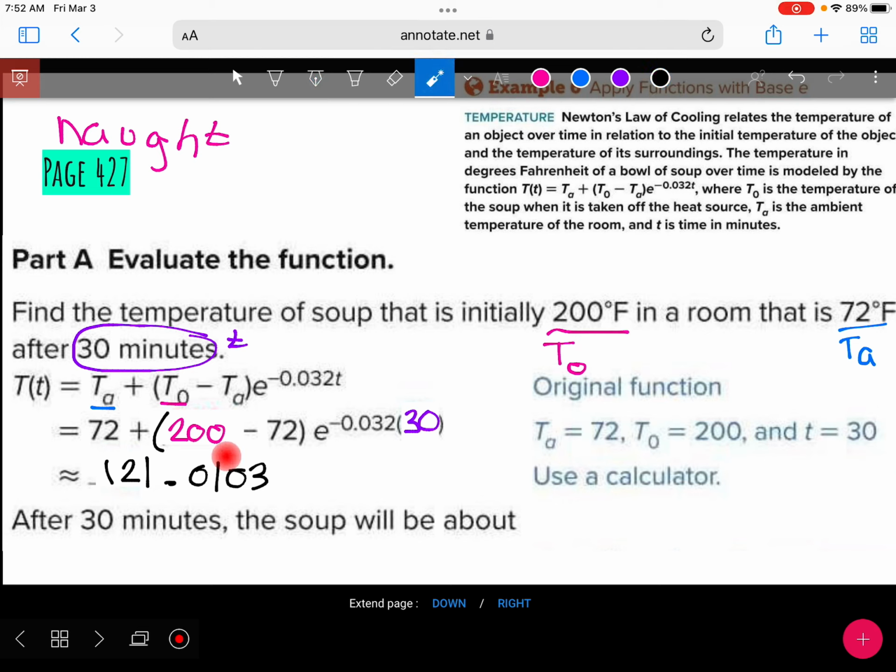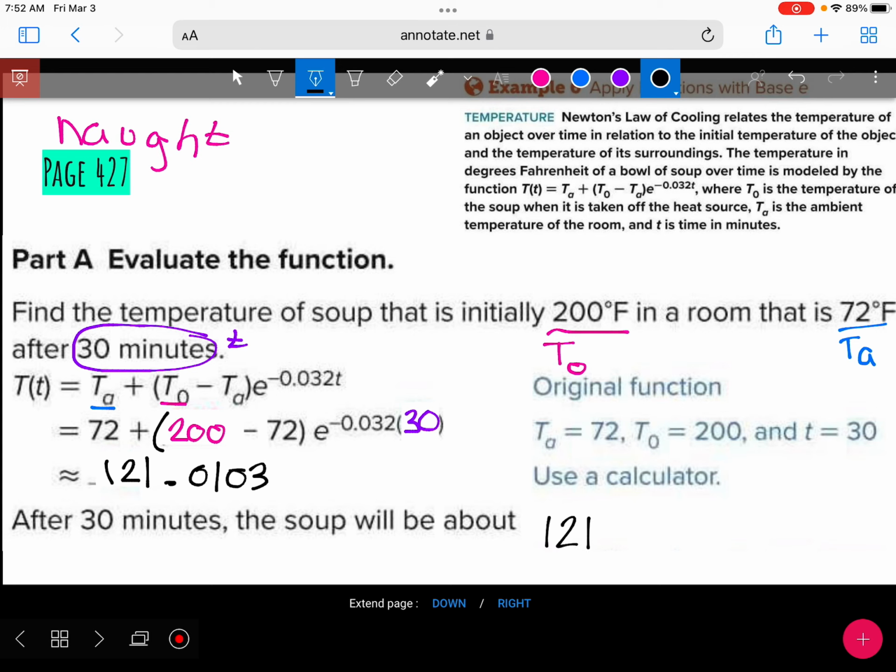How would I say this out loud to a person with a brain? It's about what temperature? About 121 degrees. I would also take about 120 degrees because unless we're talking about a fever, we don't usually get that specific.